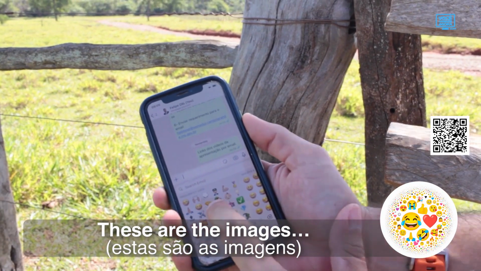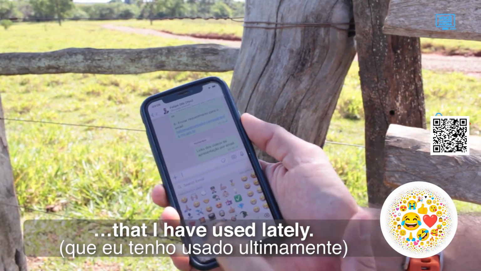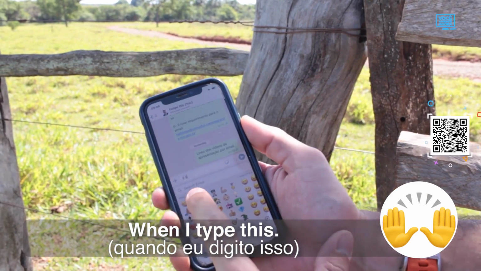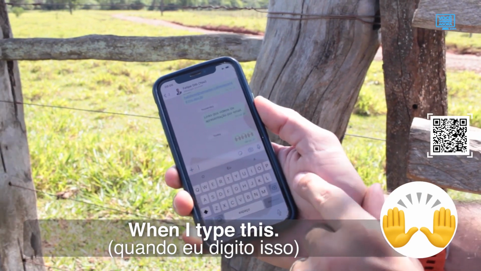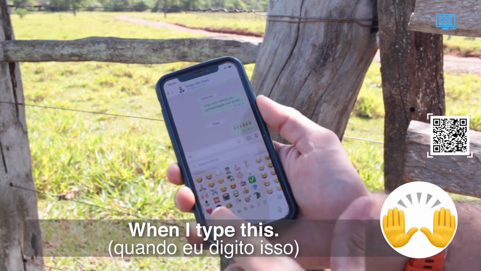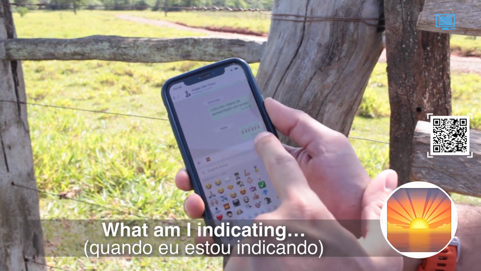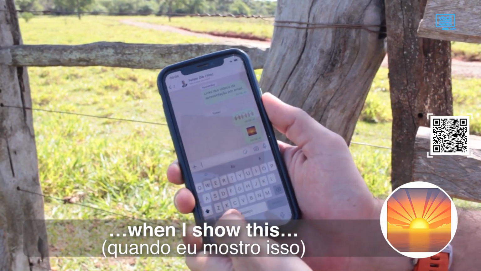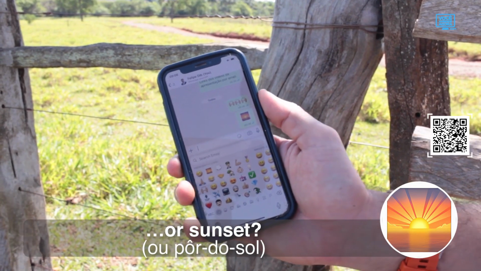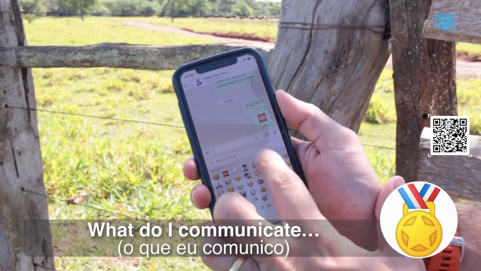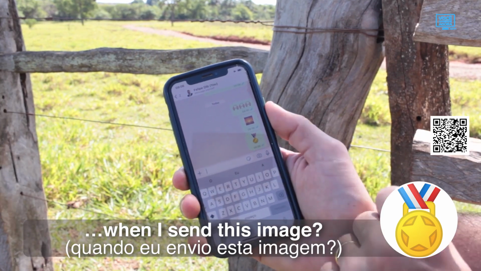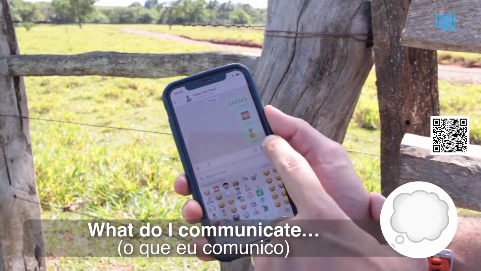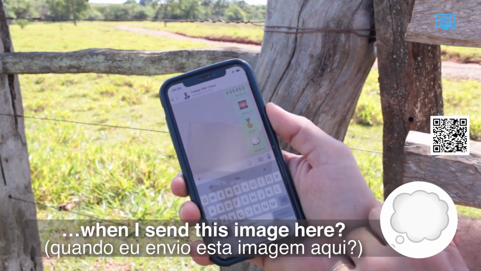These are the images that I have used lately. What do they mean? When I type this, what am I indicating when I show this sunrise or sunset? What do I communicate when I send this image? What do I communicate when I send this image here?